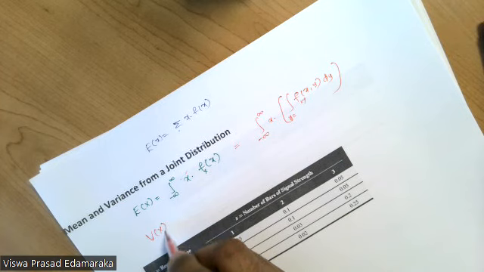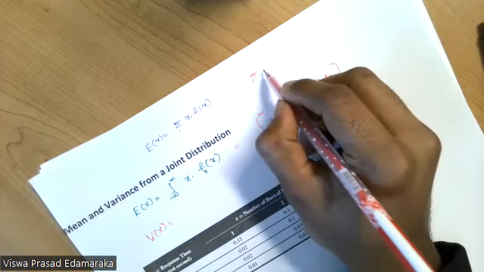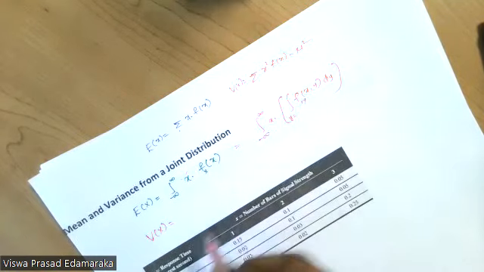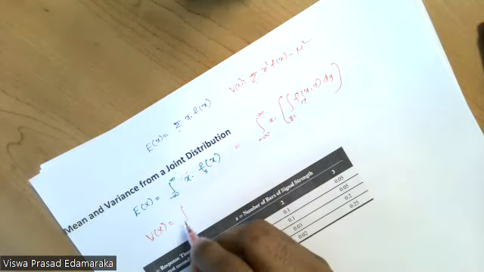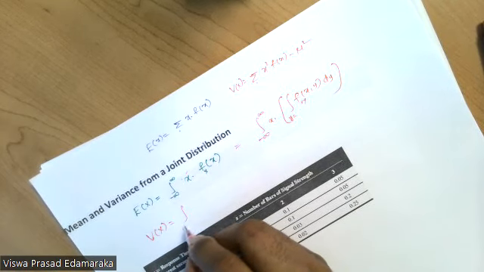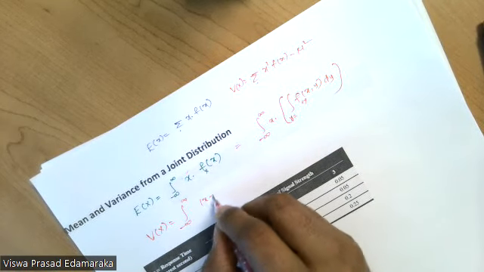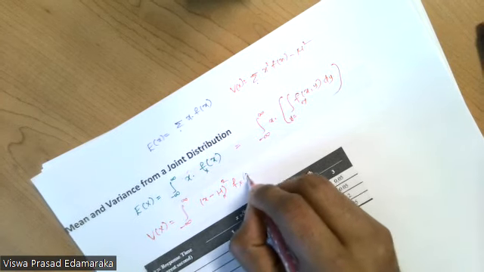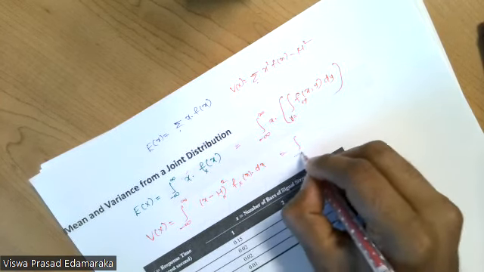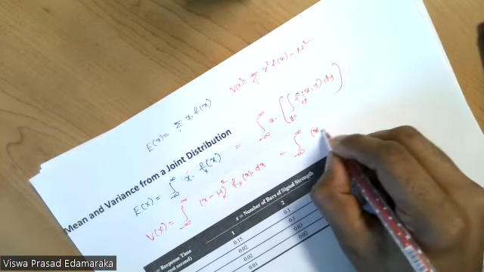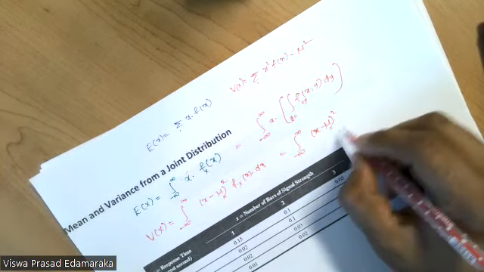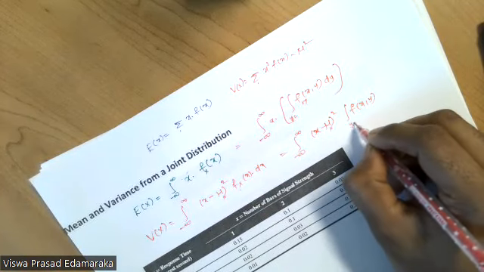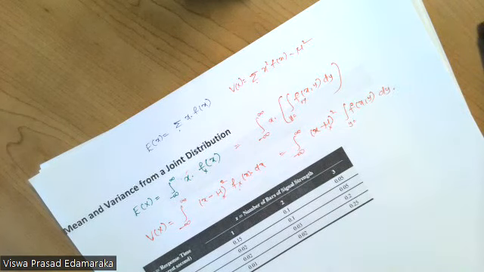Similarly, variance of x, we know, is the expectation of (x minus mu) whole square times f of x, right? So instead of sigma, I'll take integration of (x minus mu) whole square f of x dx, from minus infinity to infinity. I do not know f of x, so I'll integrate f of x comma y with respect to y.